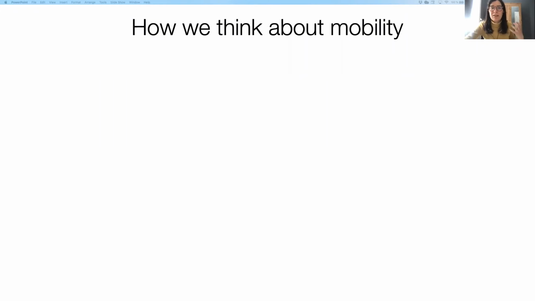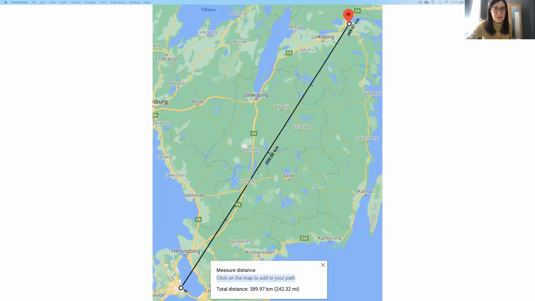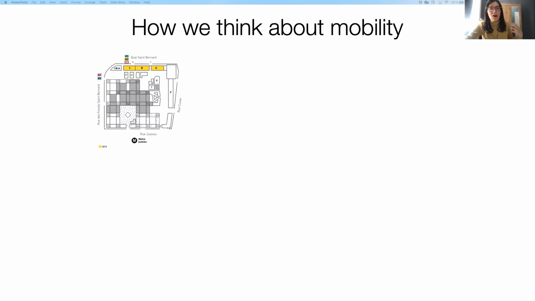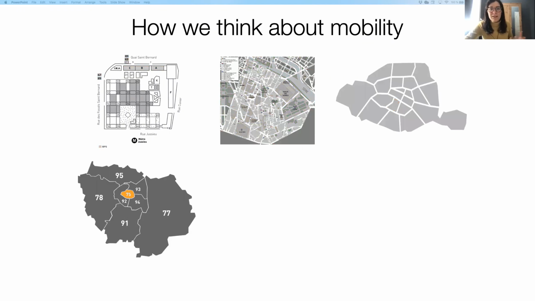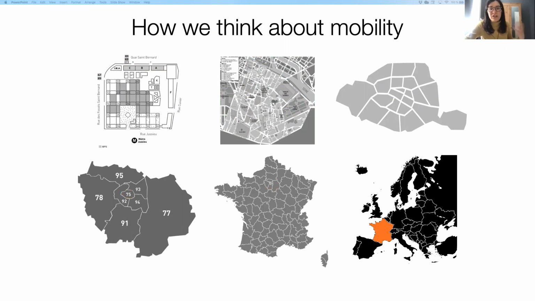The way we build these cognitive maps of space is hierarchical. So we think of moving within a building, within a neighborhood, within a city, within the urban agglomeration, the region, the country, and so on. This is really how we think of space and how our brain understands space.